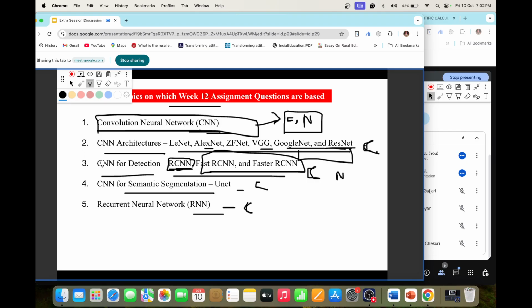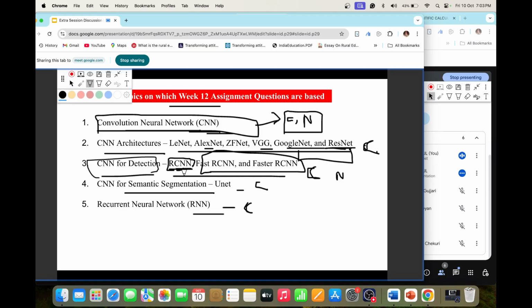And then all the CNN architectures, CNN for detection, CNN for segmentation, all are important from a conceptual point of view. Numerical you won't expect, but in CNN for detection there are numericals related to inference time. Inference time for RCNN, fast RCNN, and faster RCNN.